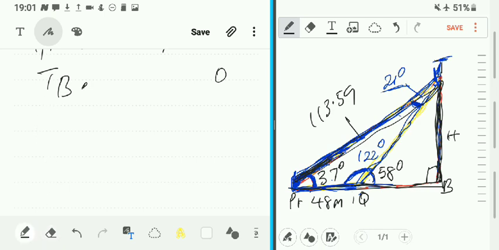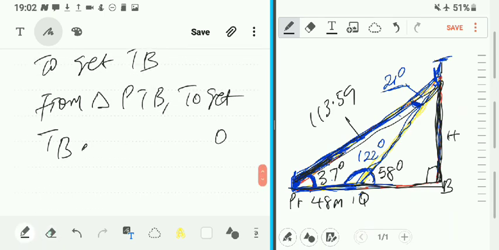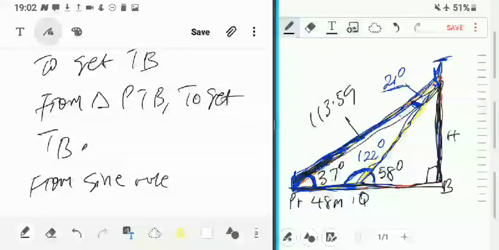Now from the sine rule, the side we're looking for, which is this H, corresponds to the angle P here. So we'll call it small p.